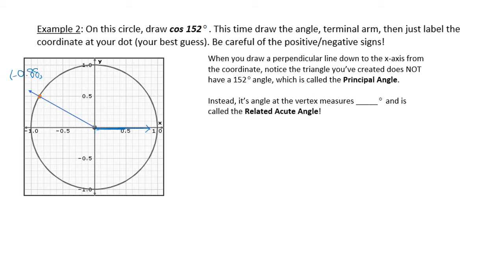I had to fix that. That was too sloppy. Now my y value is definitely positive because it's in the second quadrant here. So again, 0 point, and mine looks like it's almost exactly a 0.5 there, right? So I'm going to put 0.5.